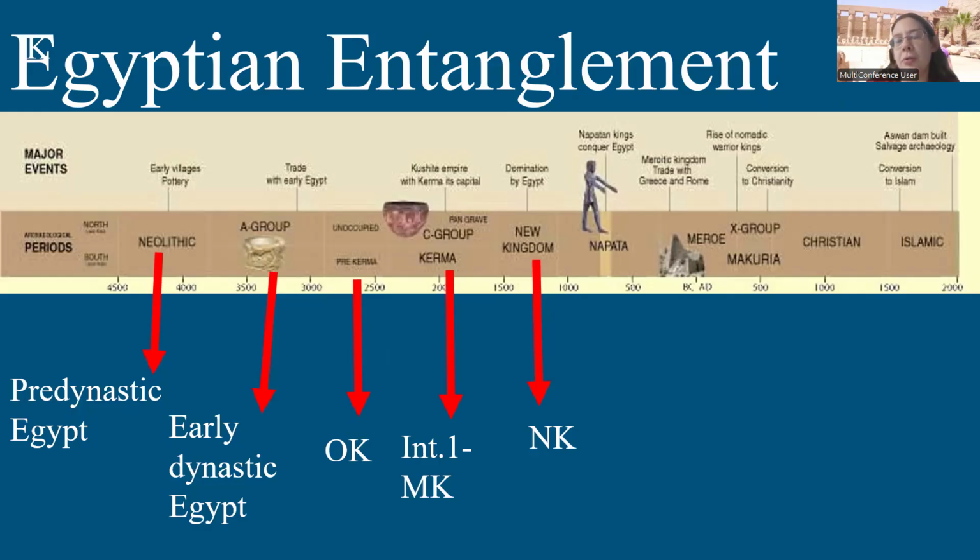So it was known, or it was figured out back in the 19th century when Egyptology was first getting started as a discipline in the West, that the Egyptian state, starting in the Old Kingdom, had different levels of diplomatic relationships with the people that were living in ancient Nubia or Kush.